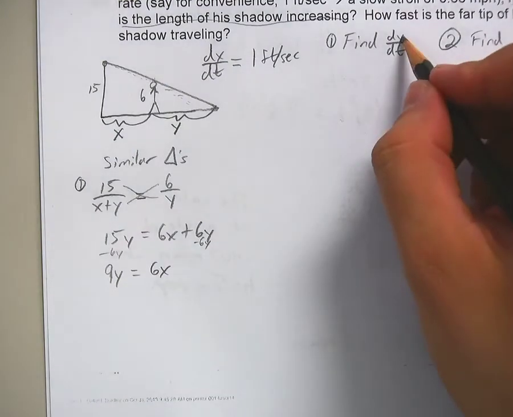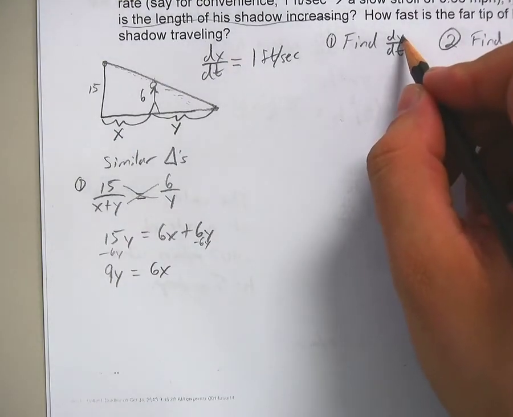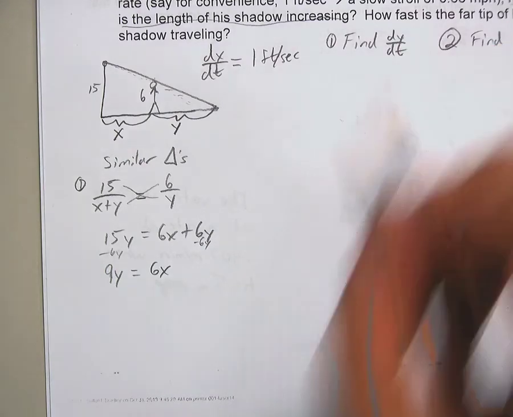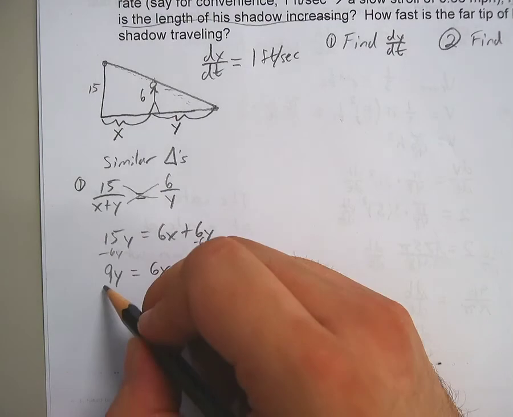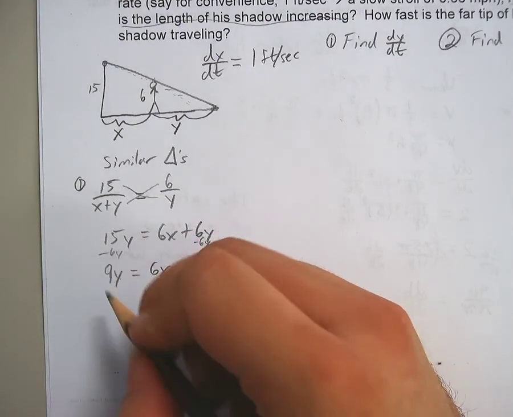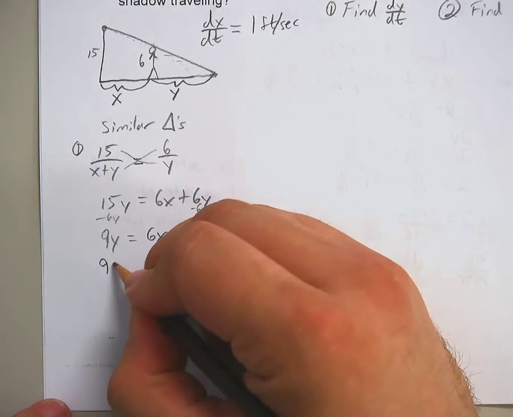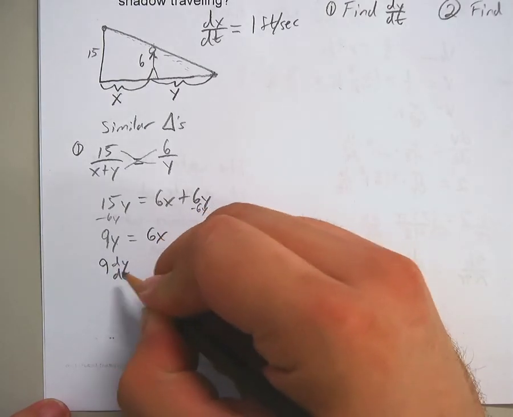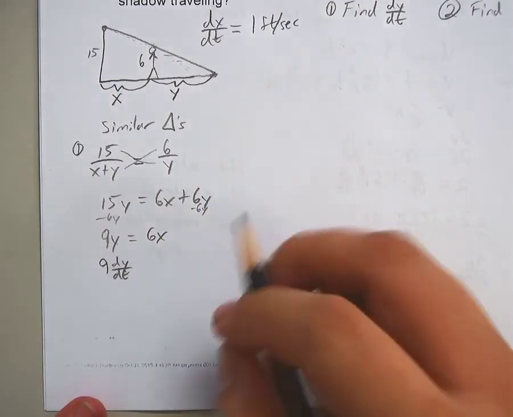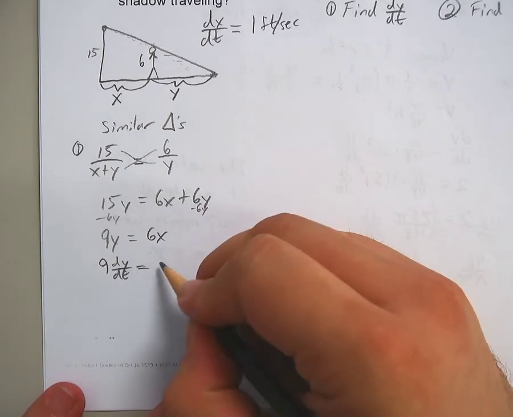I'm trying to find dy dt. I want dy dt. So let's take a derivative. The derivative of 9y is going to be 9 dy dt. Could have done this at any time I wanted to. Just chose to do it now.